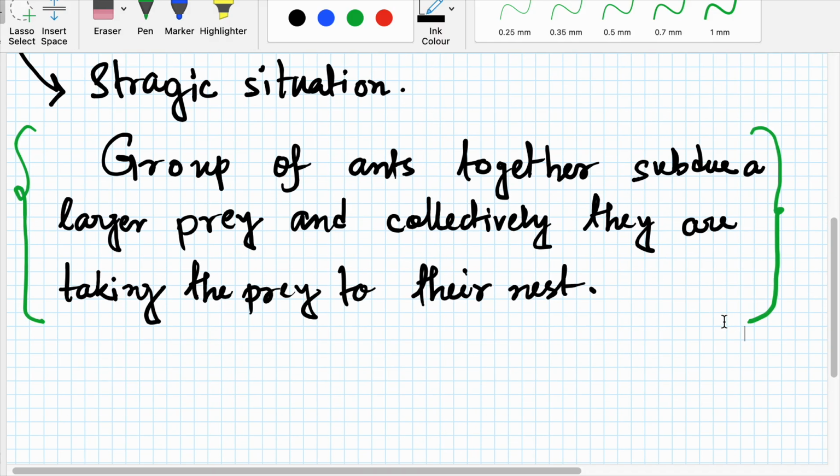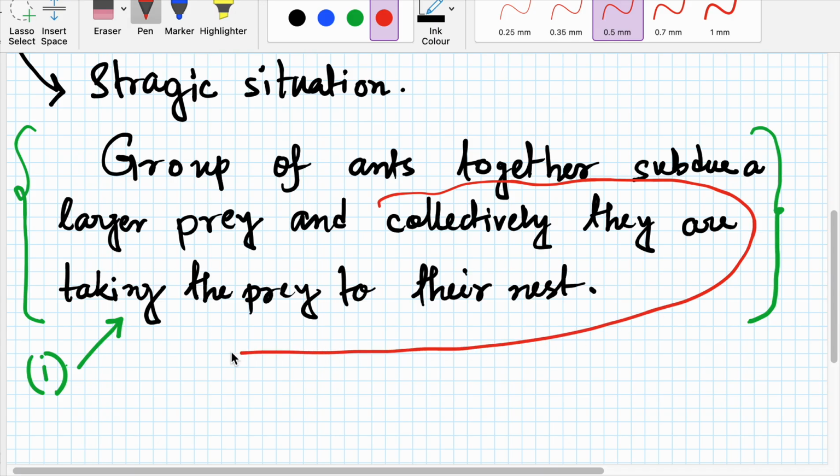Why is this a strategic situation? Because for a strategic situation we require that more than one individual is taking decisions together. Obviously here, when a group of ants are collectively carrying the prey, we only focus on this collective transport.